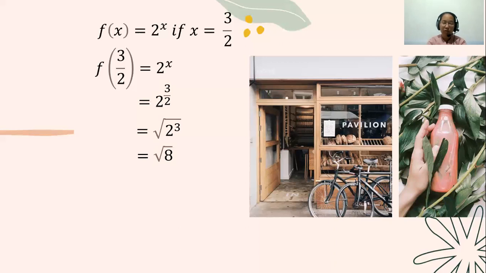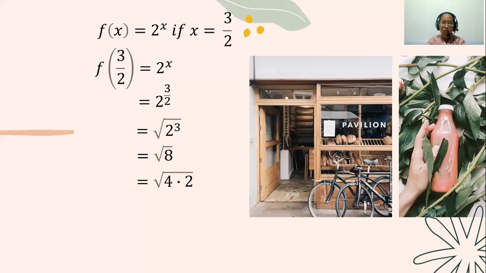So how do we find the square root of 8? 8 is not a perfect square, so we need to express 8 as 2 factors in which one of its factors is a perfect square. Thus, we will have the square root of 4 times 2. Then you know that the square root of 4 is equal to 2.